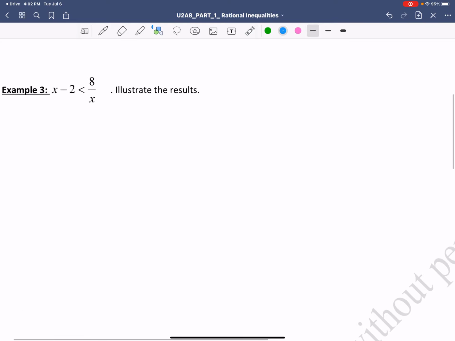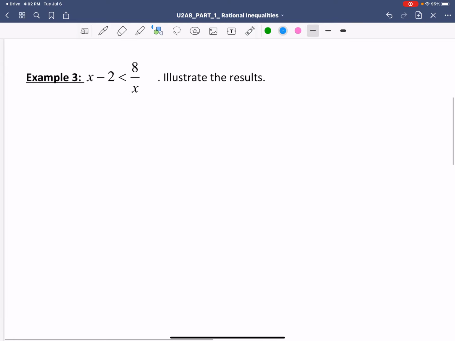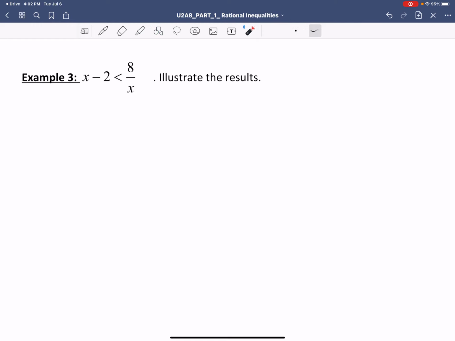And I would encourage you to do this on your own. I will continue with the solution in the meantime. So we have 1, 2, 3 terms in this inequality. All of them must go to one side. So x minus 2 minus 8 divided by x less than 0. Now, I'll make them all look like fractions.